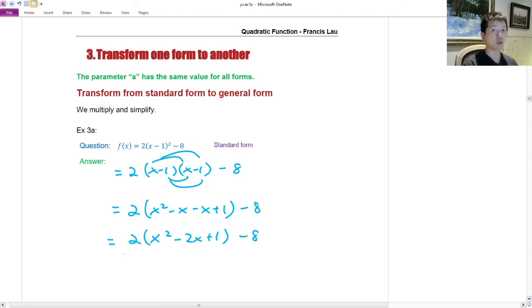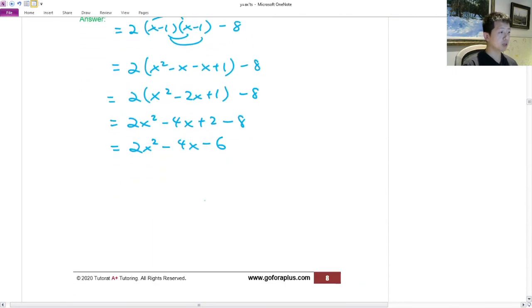Then we multiply the 2 inside the bracket. 2x squared minus 4x plus 2 minus 8, which is going to be 2x squared minus 4x minus 6. Now you see this is actually my general form, ax squared plus bx plus c. So we know that a is 2, b is minus 4, c is minus 6. So this is actually my final answer.